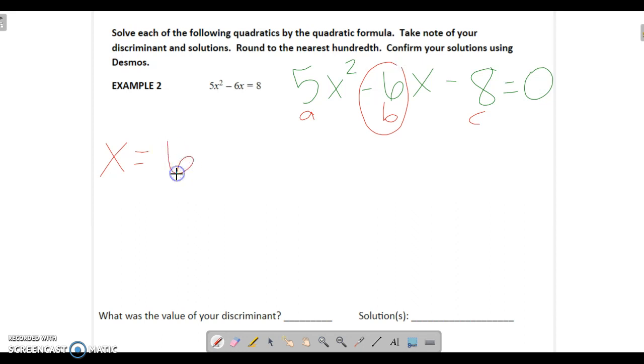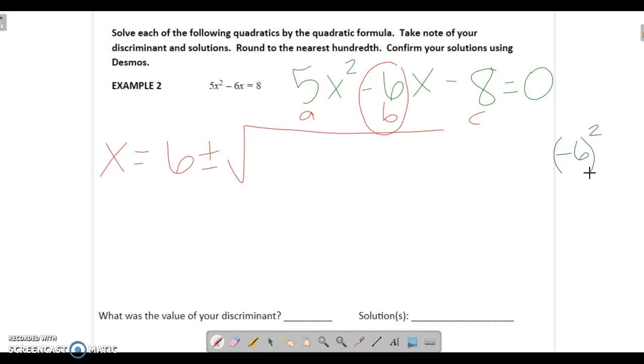So we're going to say 6 plus or minus the square root of b squared. Now, if I write negative 6 squared like this, that's wrong. That's the opposite of 6 squared. Negative 6 squared, you have to have that negative 6 in parentheses.